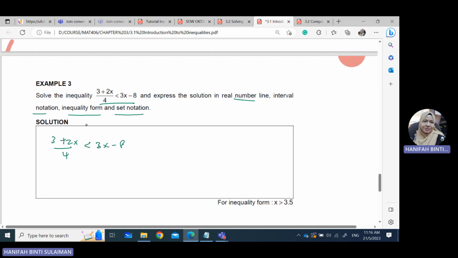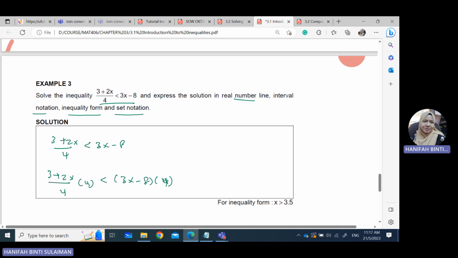Okay. So untuk kes ini kita darabkan dengan 4 di sebelah kiri dan juga sebelah kanan. So here we have (3 + 2x)/4 multiply with 4 less than (3x - 8) times 4. Okay, so for this case, the inequality sign does not change because we multiply with positive number.